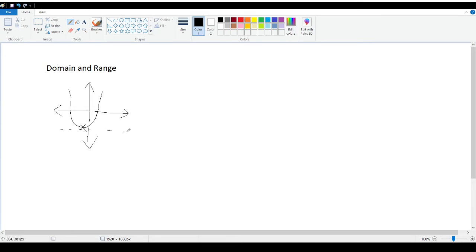It's the maximum point for the y value, and we can say that the domain of this graph is x equals a real number.